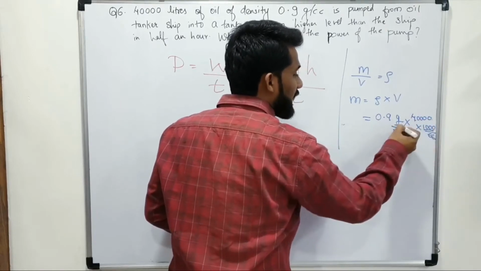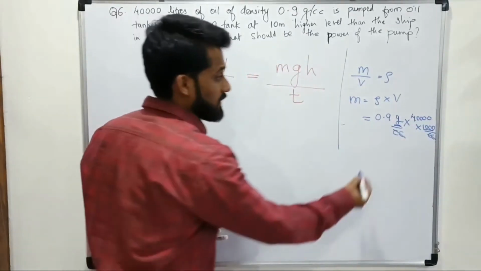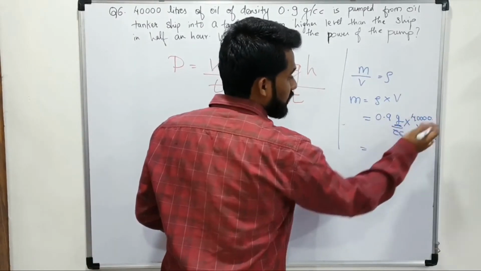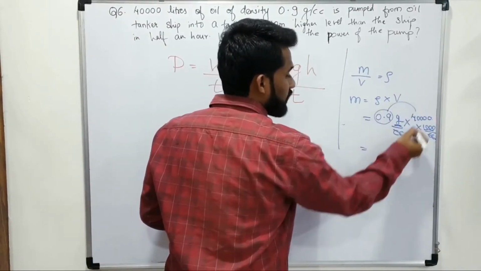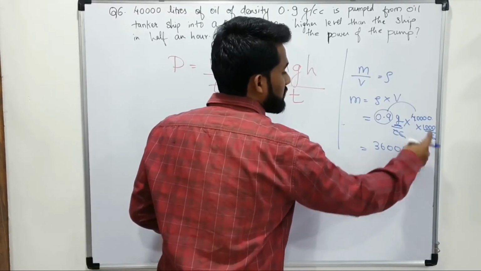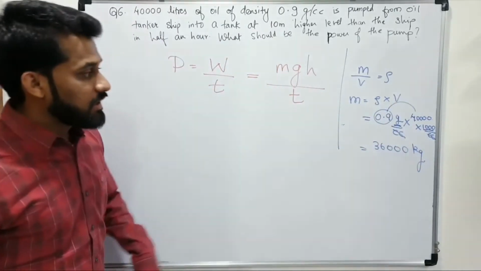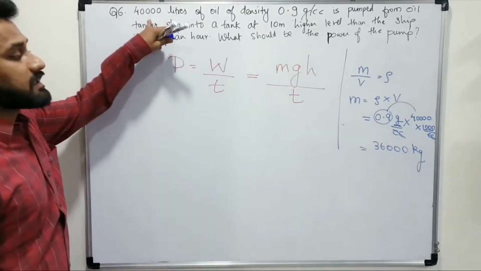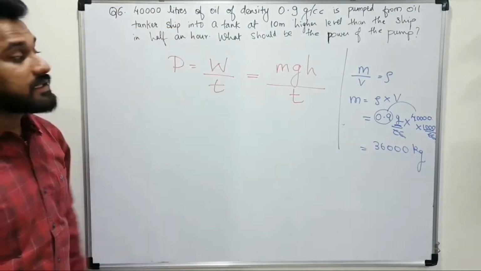Now 1000 gram can be written as kilogram. So it will become 0.9 into 40,000, which is 36,000 kilograms, because 1000 gram becomes 1 kg. So the mass of this oil is indirectly given as 36,000 kgs.